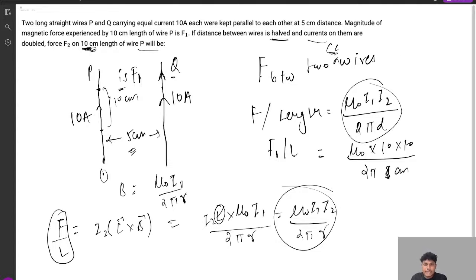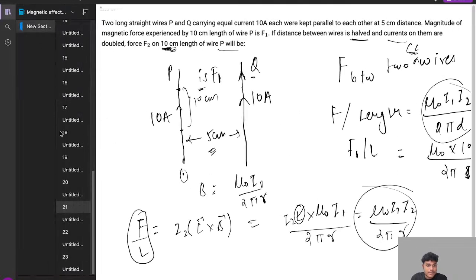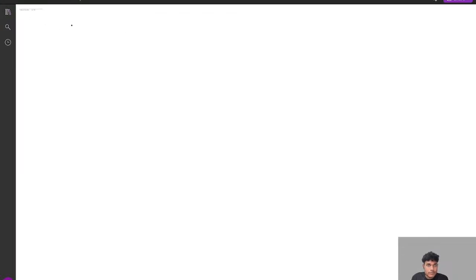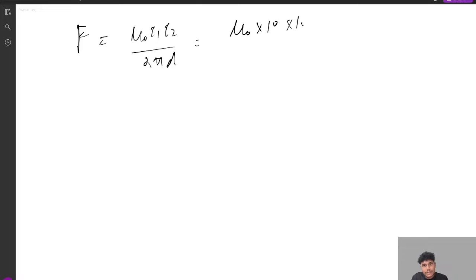Now for the second condition, let me move to the next page. Force is equal to mu naught I1 I2 upon 2 pi d, that is equal to mu naught times 10 into 10 upon 2 pi, what is d, that is 5 centimeter, that is in the first case.